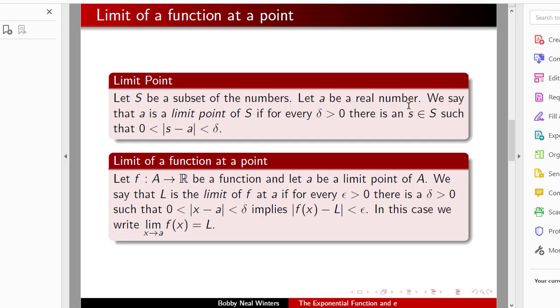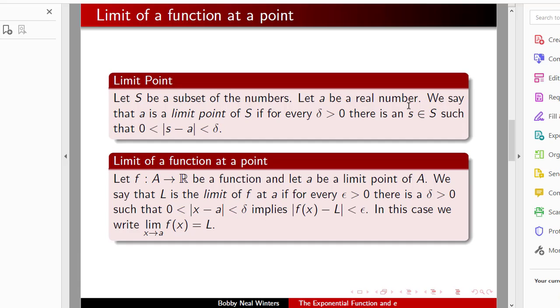Let S be a subset of the real numbers, and let A be a real number. We say that A is a limit point of S if for every delta greater than 0 there is an s in the set S such that 0 is less than |s minus A| is less than delta.